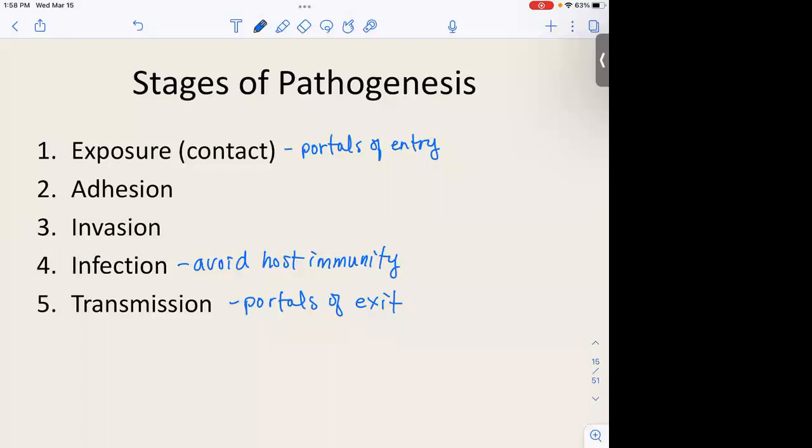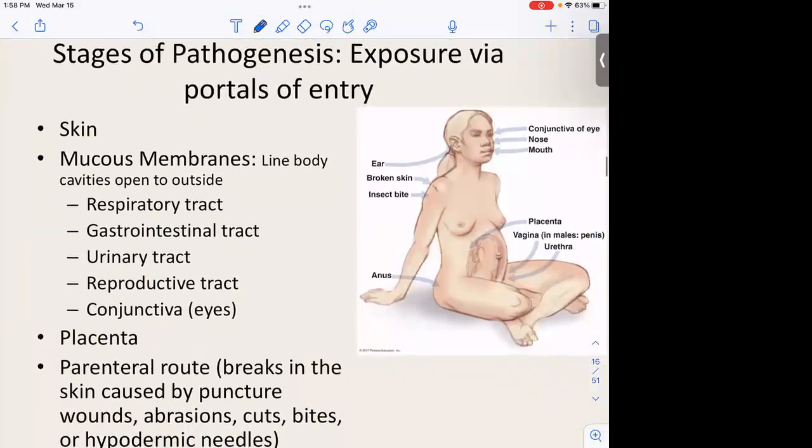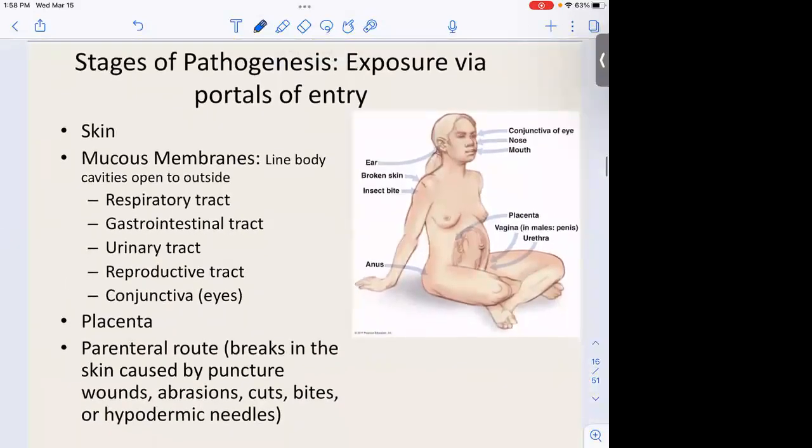All right, so let's look at all these steps in a little bit more detail and add in some examples. So many different portals of entry. First thing I might think of as skin, but skin is actually a really effective barrier. We're going to look at that in a little bit more detail probably next week when we start talking about our immune defenses.